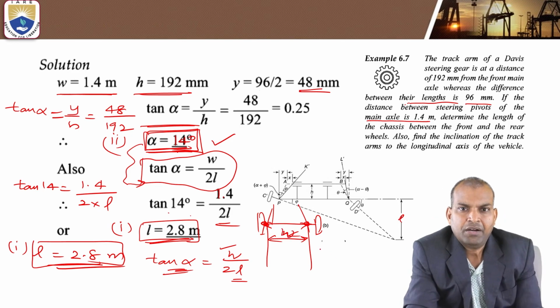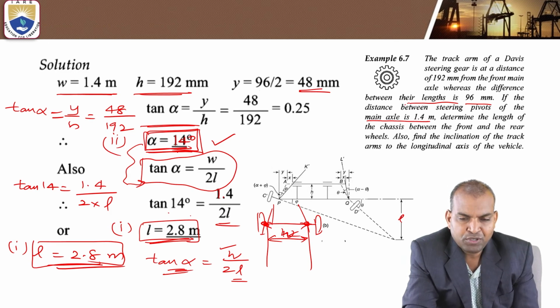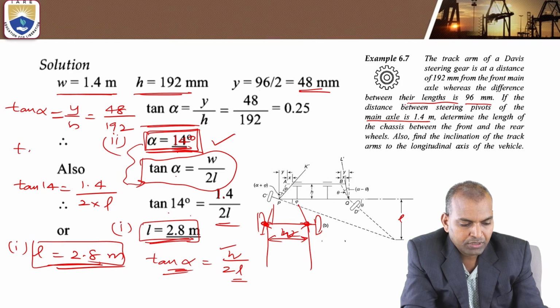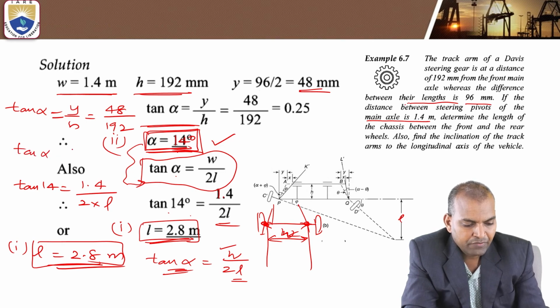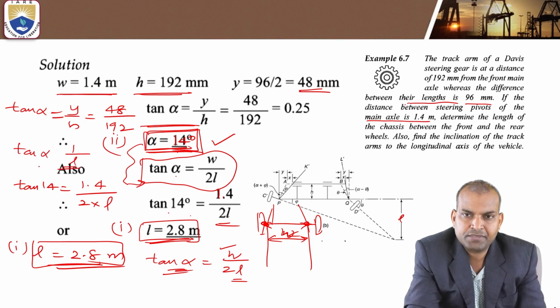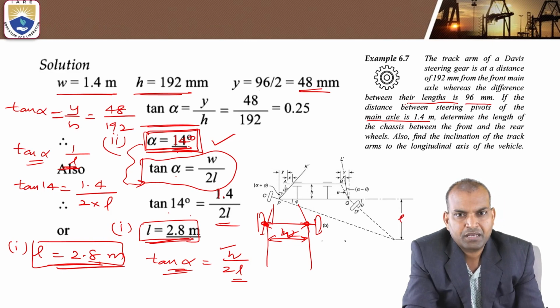And tan alpha is inversely proportional to the wheel base. So what will happen? When the angle of inclination is increasing, the wheel base will be reduced.